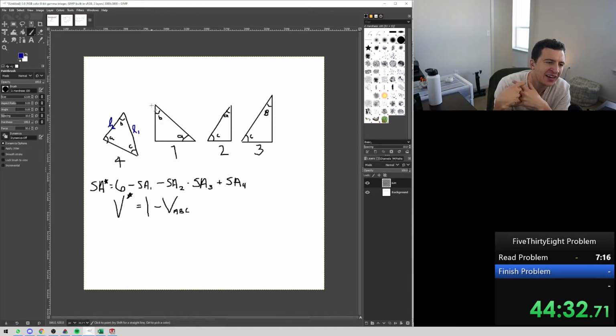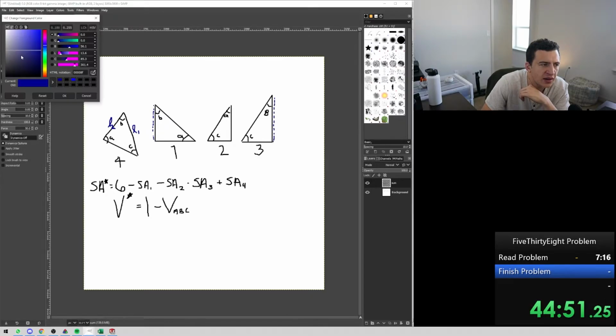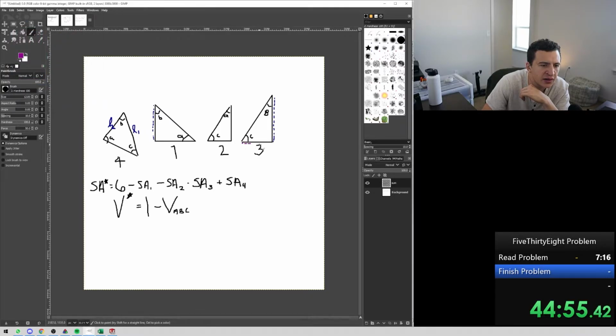So for example, this line right here, not that line, this line right here is gonna be the same as like this line right here, I think. And then this line right here is going to be the same as this line right here.